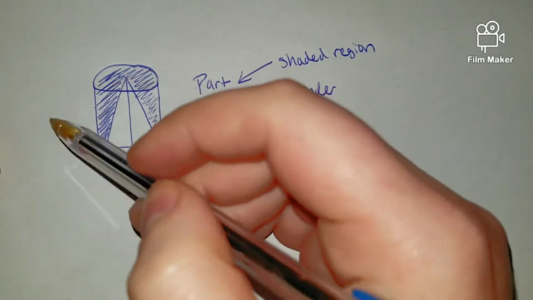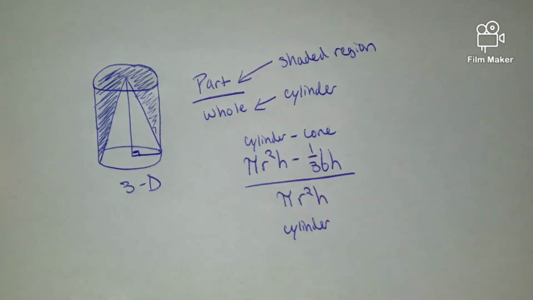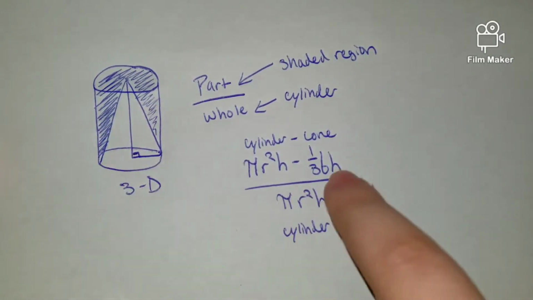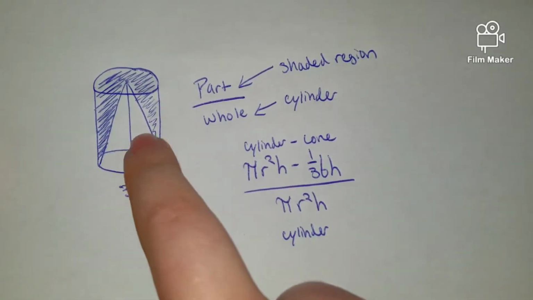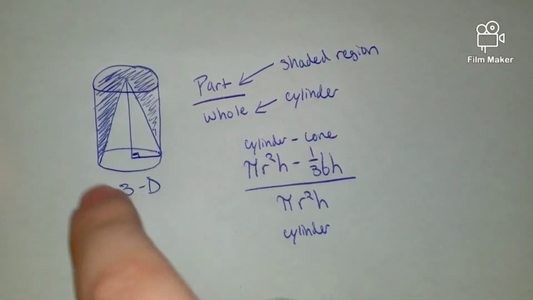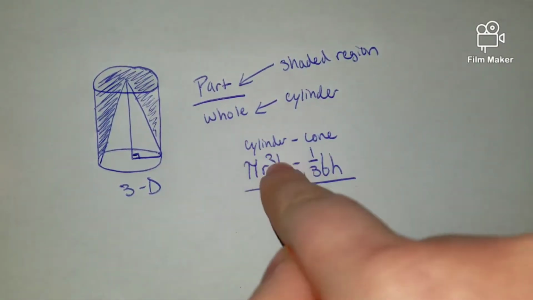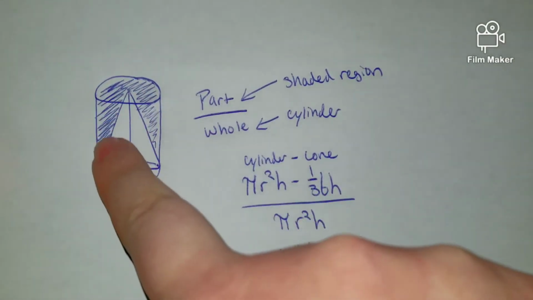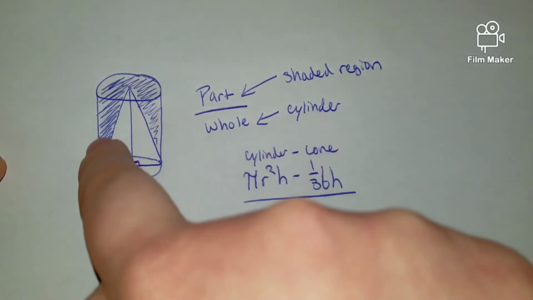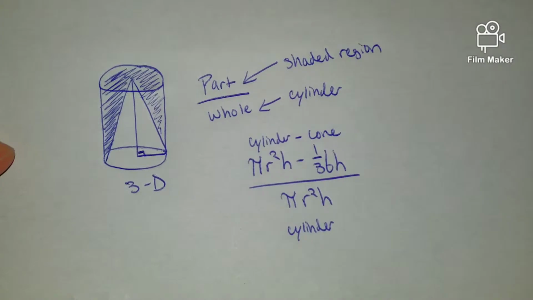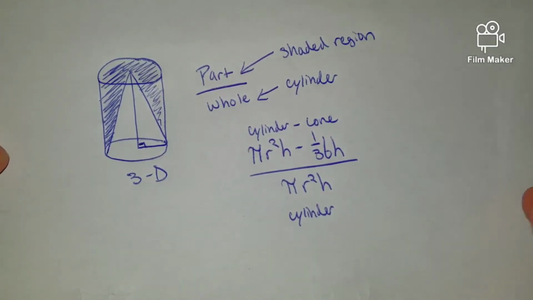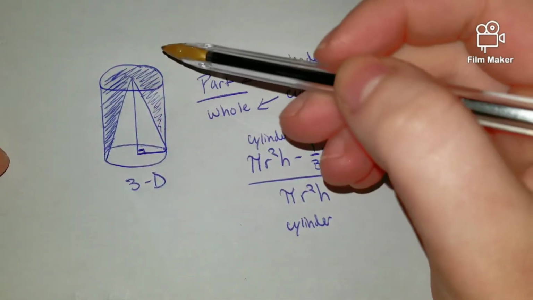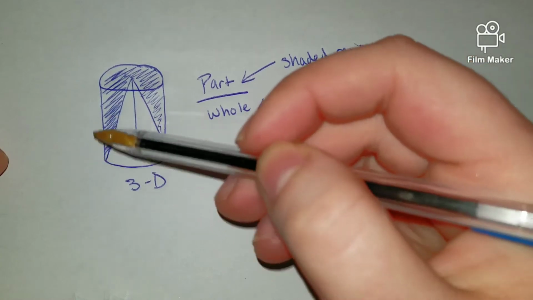So to find this leftover space, we can subtract what we don't want included in the part, which is the cone, from the whole, which is the cylinder. And so that's why it's cylinder minus cone. It's because we're finding the shaded region of the figure and are not including the cone. So the whole region minus the cone will give us the shaded region.